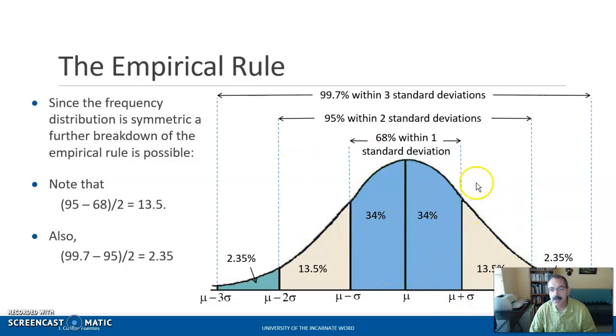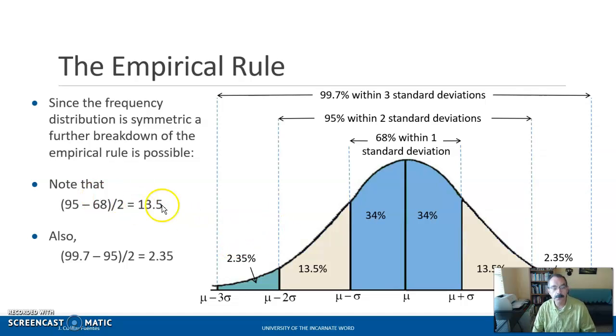Now, because this is a symmetric distribution, we can break these percentages even further. So, for example, the range from 1 standard deviation above and below the mean is 68%. This is symmetric, so you can have 34% between the mean and 1 standard deviation below it, and 34% between the mean and 1 standard deviation above it. Now, if you look at the difference between 95% and 68%, and you divide it by 2, that's 13.5%.